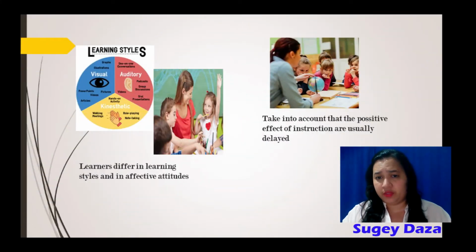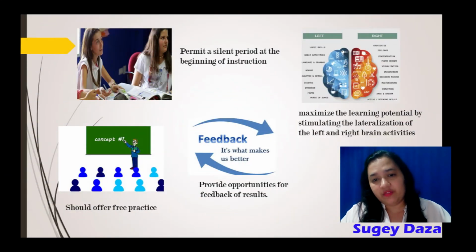Taking into account the different learning styles of students, such as visual, auditory, kinesthetic, analytical, among others, allowing even a period of silence at the beginning of the instruction until the student has acquired understanding and confidence in the use of the target language.